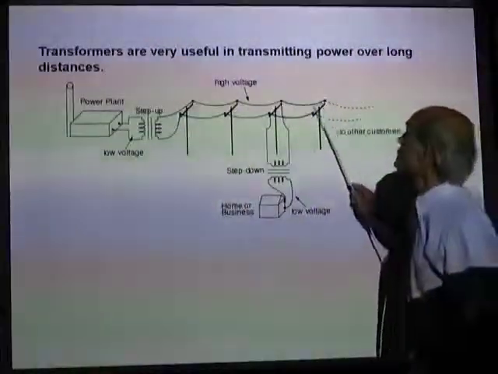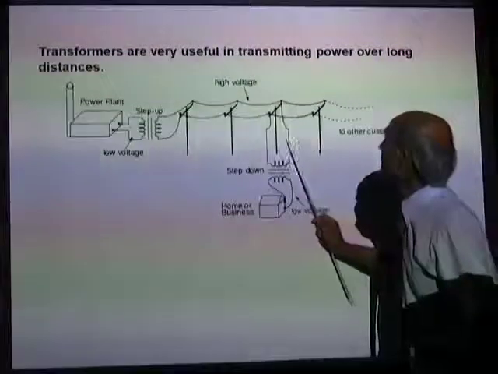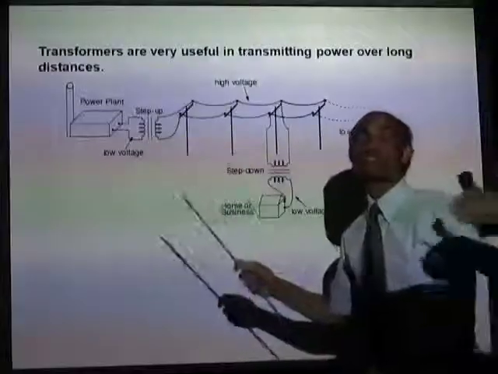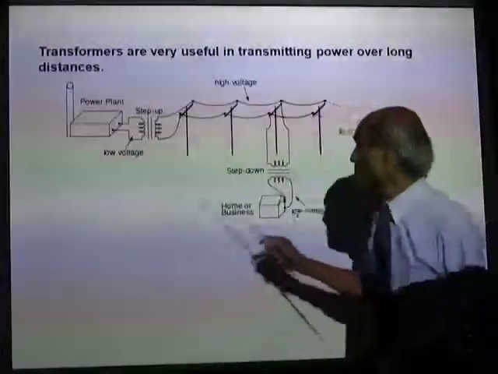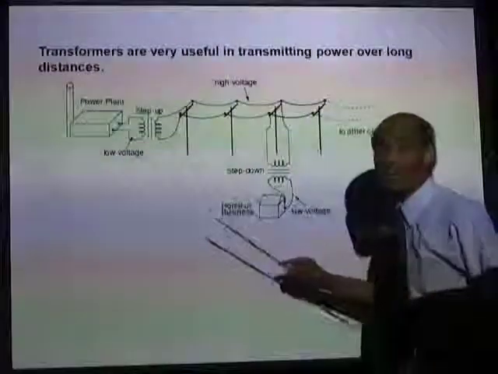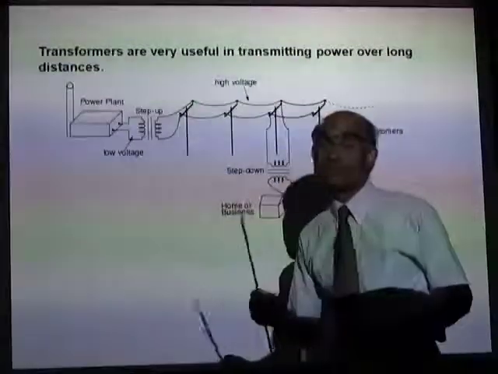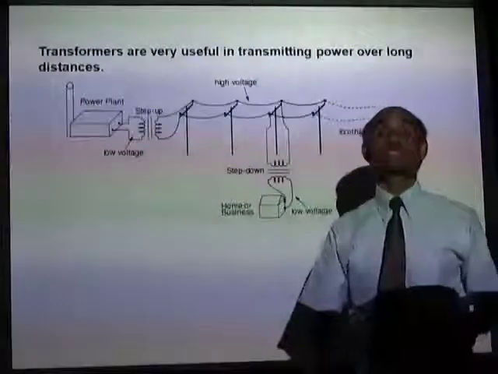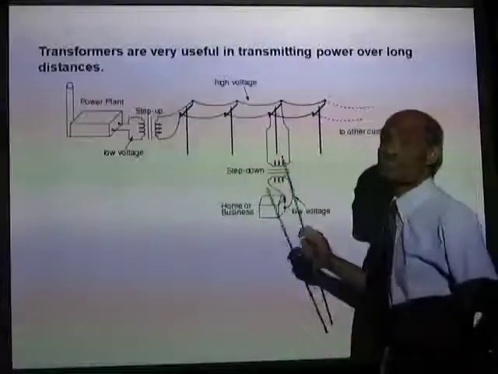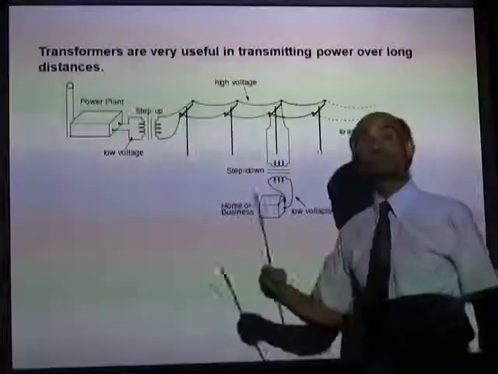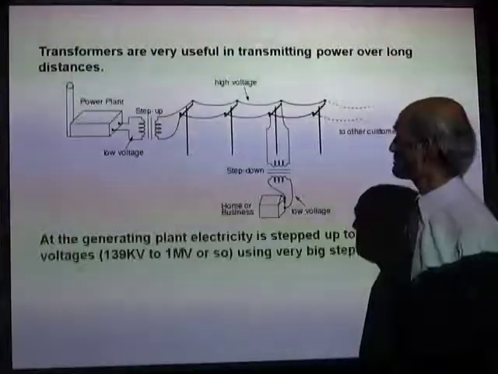It then comes to the distribution where you have a step down transformer which steps it down to about 4,000 volts, which is the line that comes to your house. And outside your house there is always a step down transformer, which steps down that 4,000 volts to 120 volts so that you can use them.